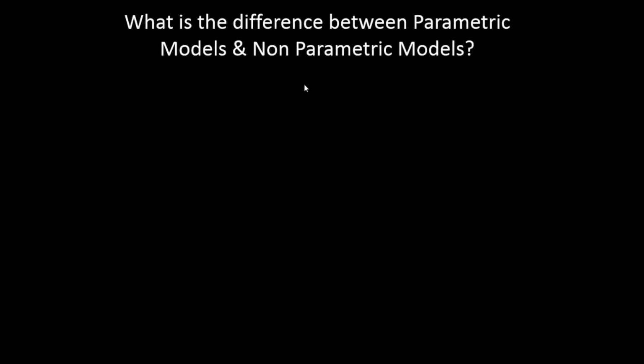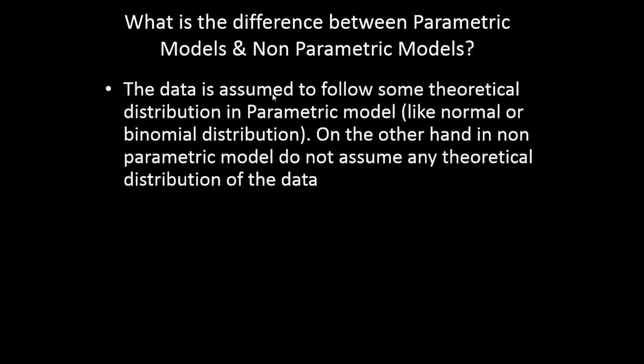The next question is, what is the difference between a parametric model and a non-parametric model? Well, the main difference is that the data used is assumed to follow some theoretical distribution in parametric models, like normal distribution, binomial distribution, and so on.